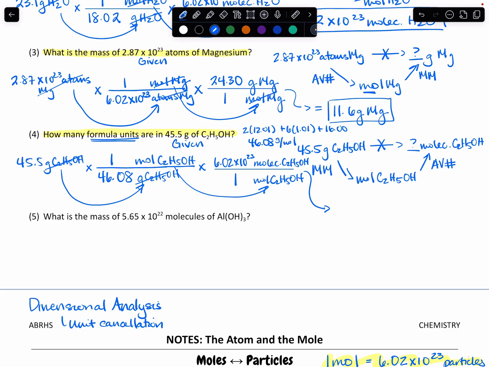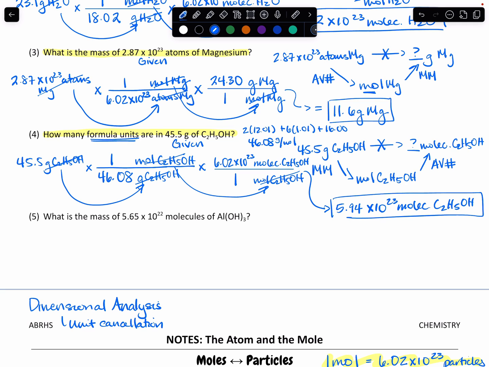So the moles are going to cancel, and I'm left with molecules of C2H5OH. Now it's 45.5 times 6.02 times 10 to the 23rd, and then I'll divide that by 46.08. And I find that if I have 45.5 grams of C2H5OH, it contains 5.94 times 10 to the 23rd molecules of that substance.